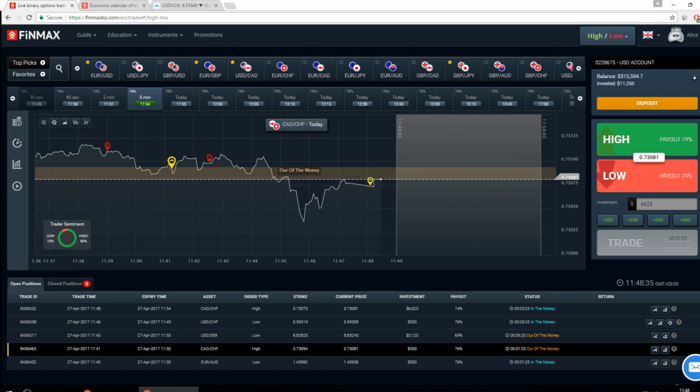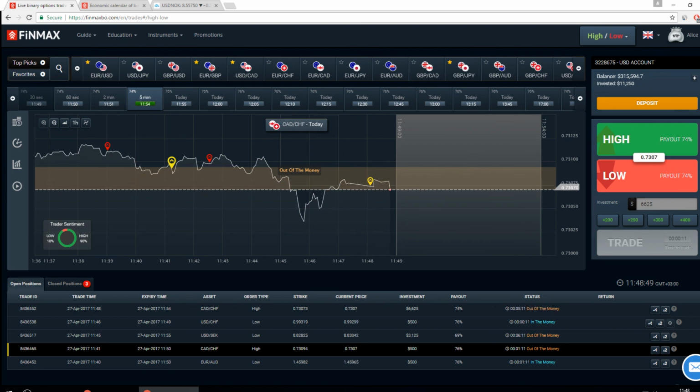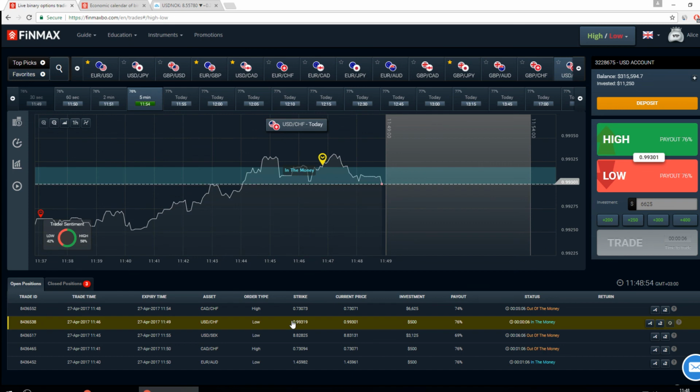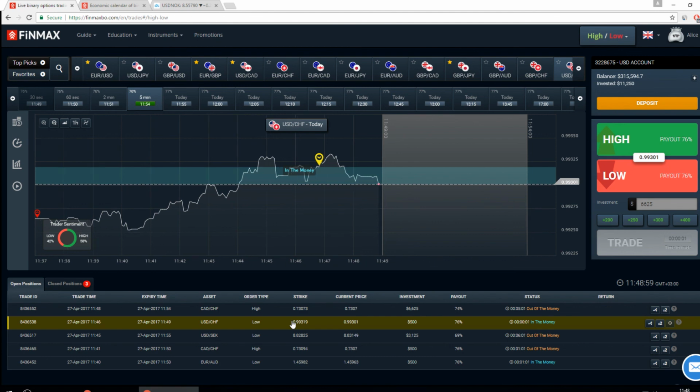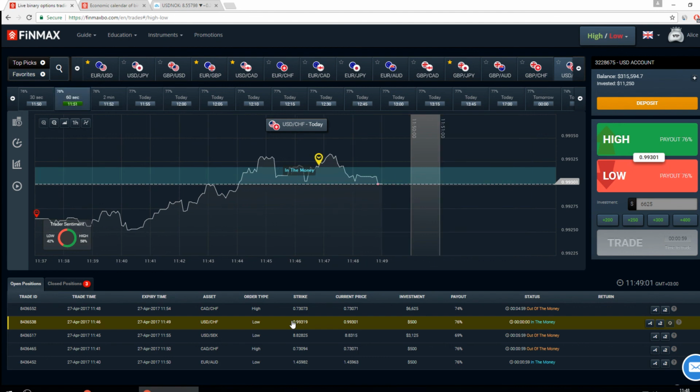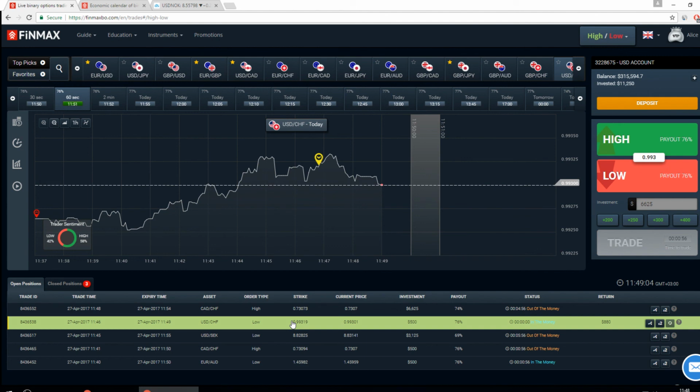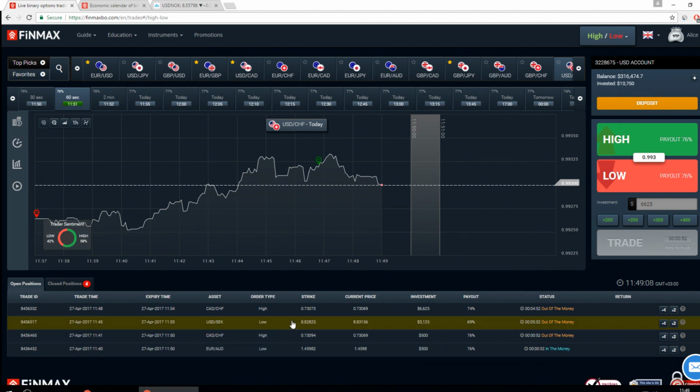So basically right now I have two independent trades with different expiry times on Canadian to Swiss franc, both open for high, one for 500 and one for 6,000. Okay, let's see. The forgotten trade also closed in the money, so we can cross it out.